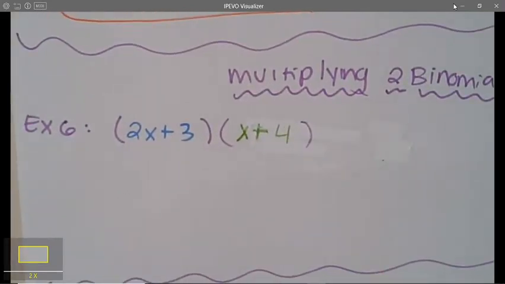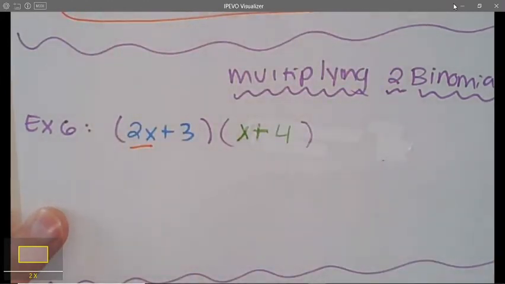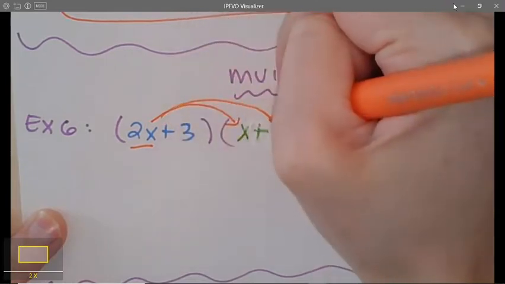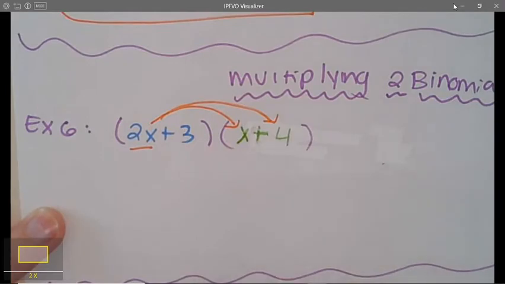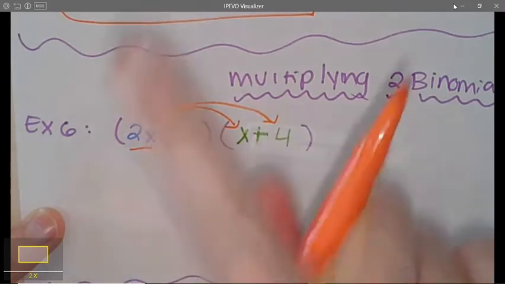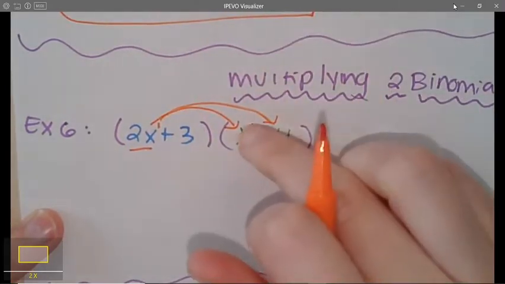Okay, so what I'm going to do, I'm going to start with my first term, 2x, in my first parenthesis, and I'm going to distribute that to both terms, or multiply it to both terms. So don't forget when we multiply variables with exponents, you add the exponents, which each of these, I don't see an exponent, which means there's secretly a first power lurking around.